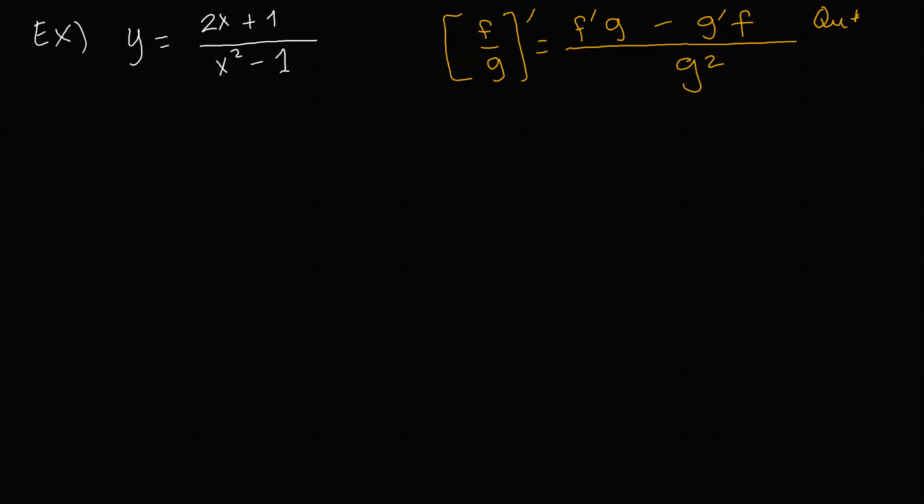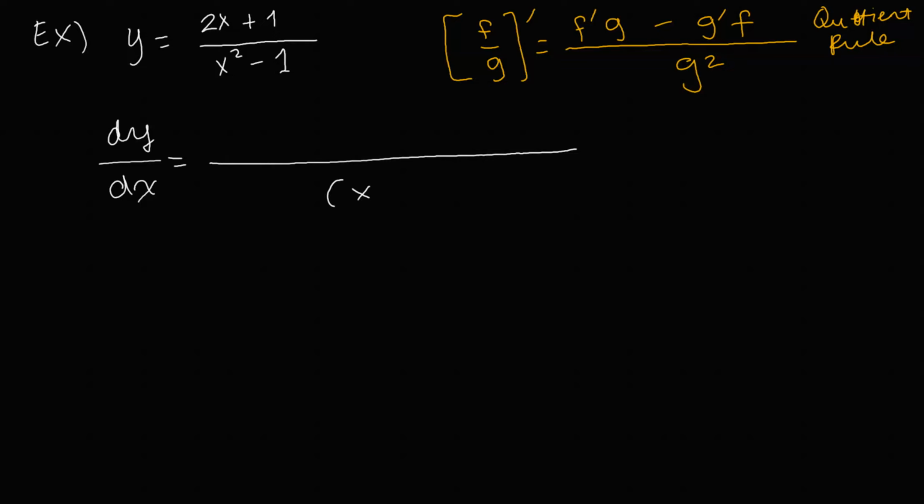And so you look at the quotient there. The numerator is 2x plus 1. The denominator is x squared minus 2. So then the derivative, when applying the quotient rule, you know the answer is going to have the denominator squared.